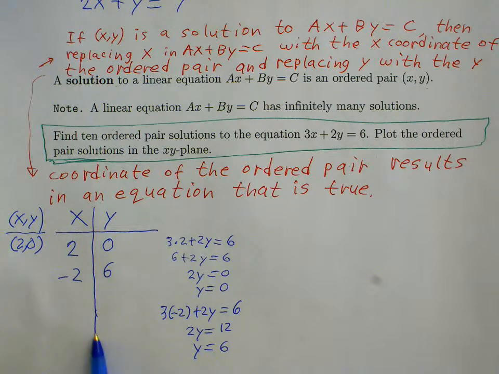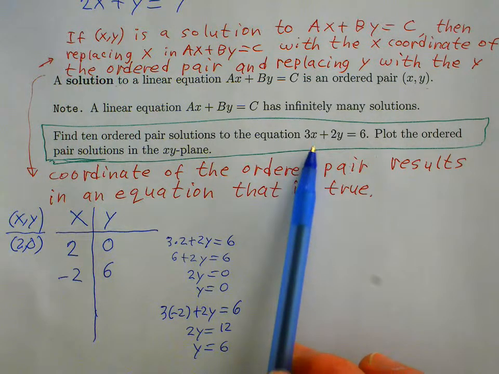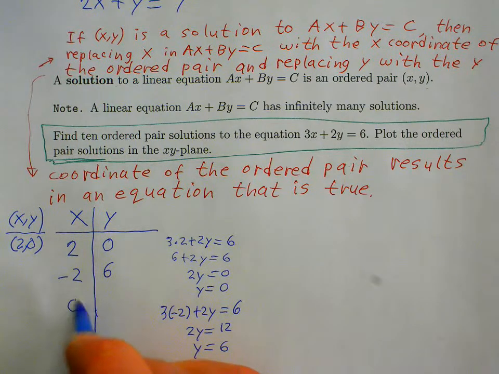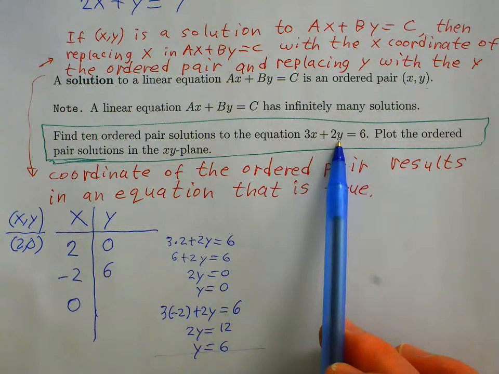If I want arithmetic to be really easy, I'm going to pick x to be 0. So if I pick x to be 0, then what's the y coordinate that goes with it?